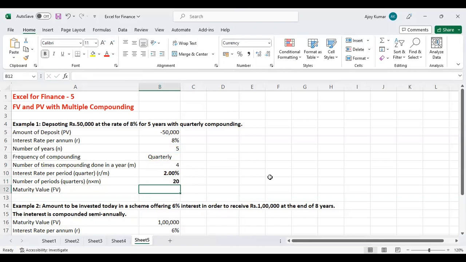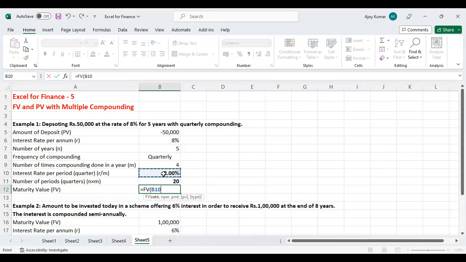Now let us take the formula that we studied in the first session. The formula is the same: equal to FV, bracket open, rate. We are not going to give 8% now. We are going to give this r by m, which is 2%, comma. Number of periods, we are not giving number of years now. We are giving number of quarters, which is 20, comma.